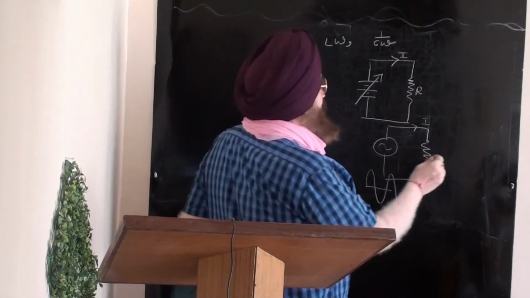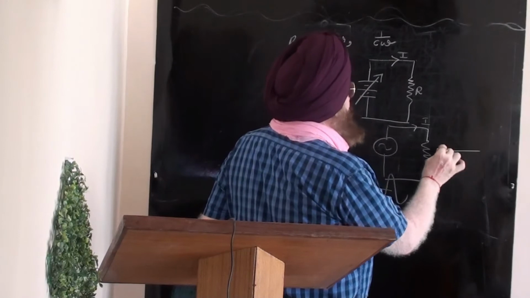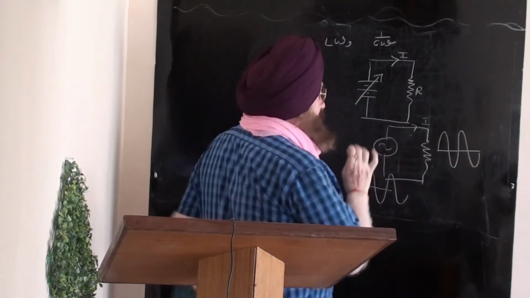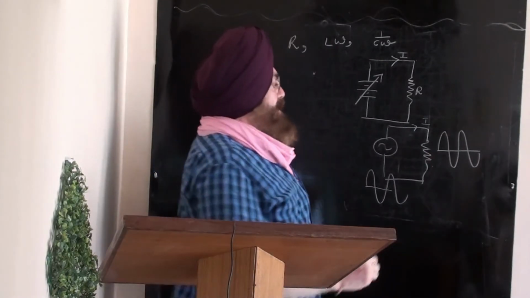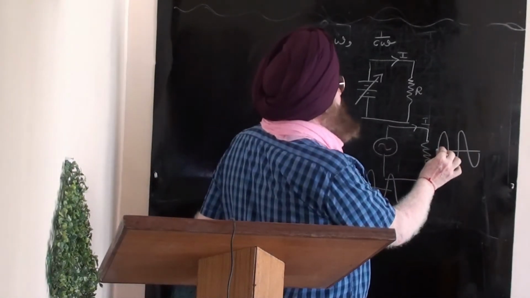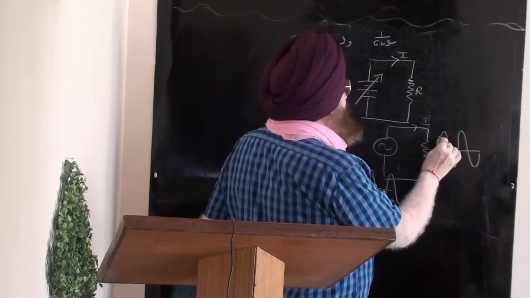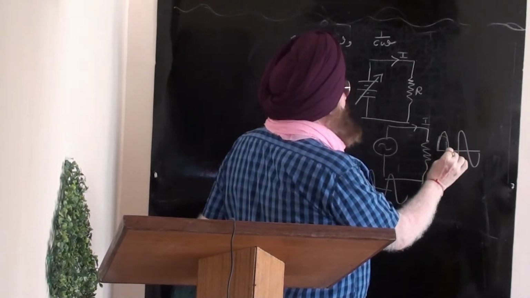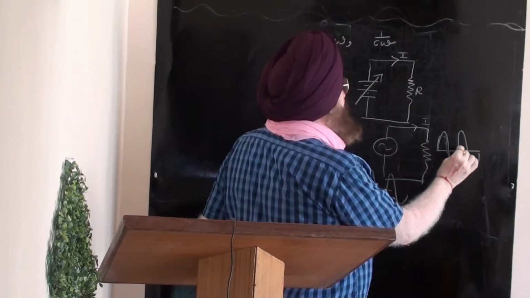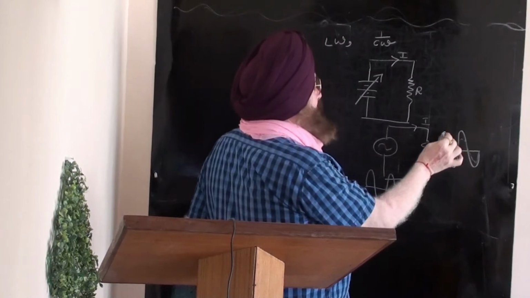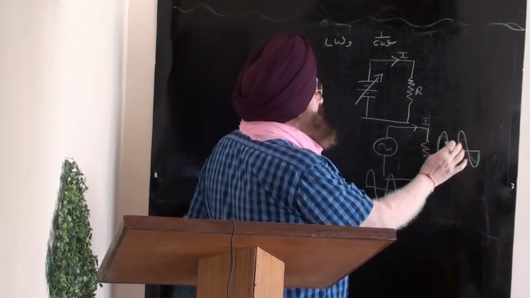But the main important thing is, if this is the applied voltage, that current will also dance in exactly the same way, like this. Crest and crest, trough and trough, the same.